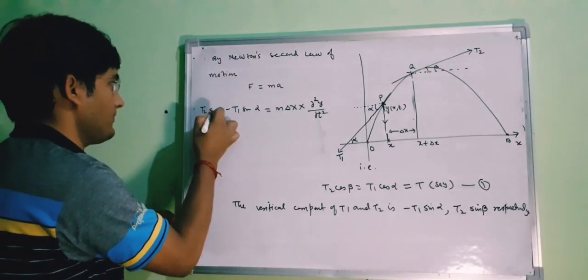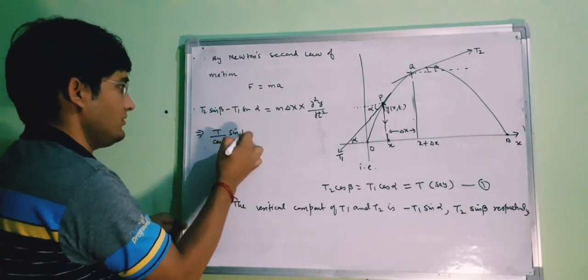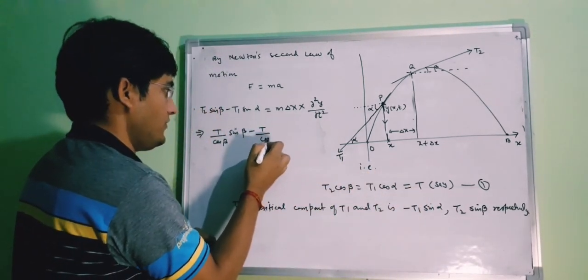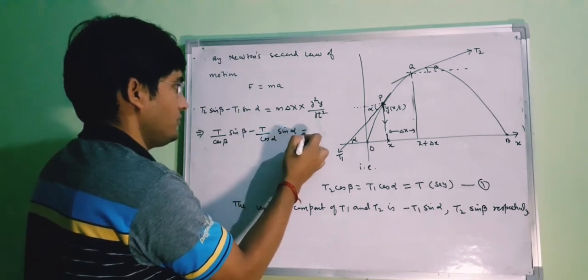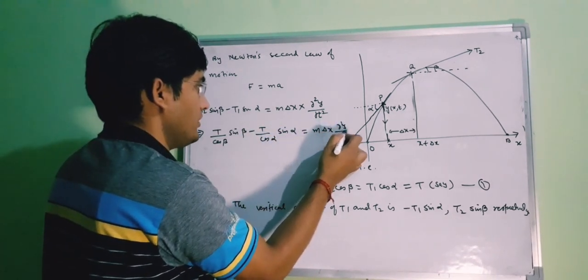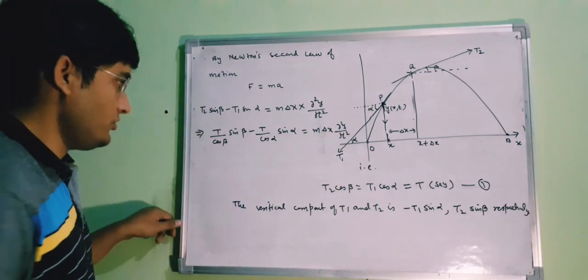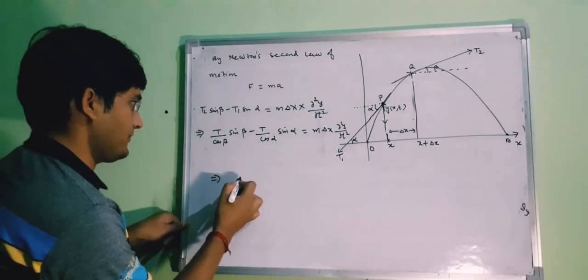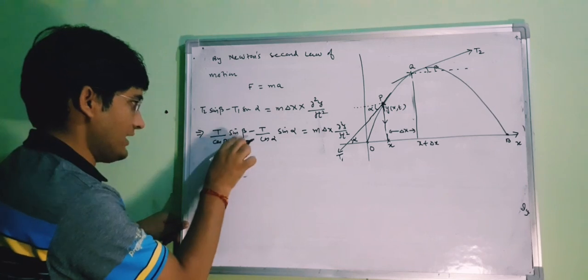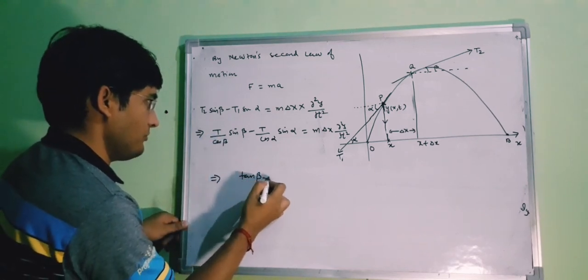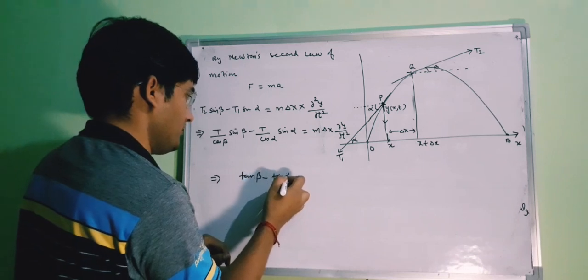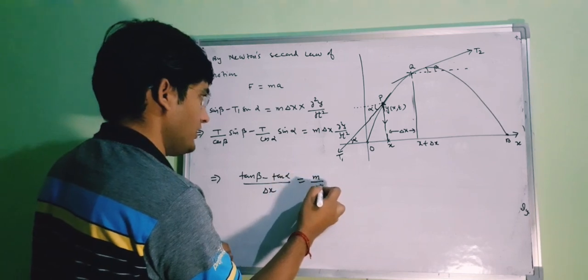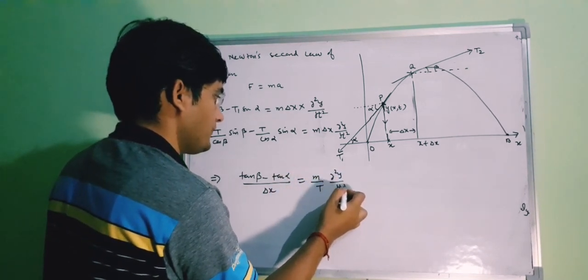So T upon cos beta into sin beta minus T1, whose value is T upon cos alpha into sin alpha, equals m delta x into del 2 y upon del t2. Sin beta upon cos beta is tan beta, sin alpha upon cos alpha is tan alpha, and taking delta x here, the right hand side will have m upon T into del 2 y upon del t2.